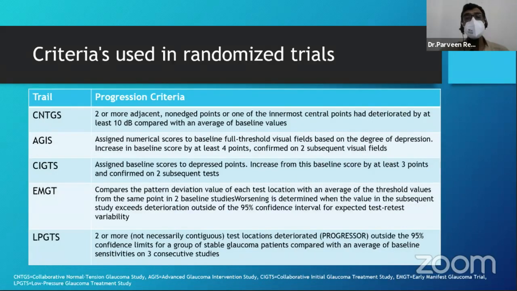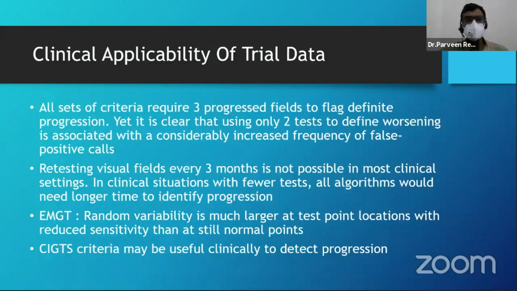But when we apply these criteria to our practice, it is a little bit difficult, because the number of fields they require and the strict criteria they use to follow up may not actually be possible in day-to-day clinical practice.